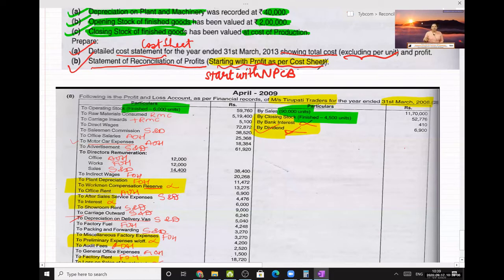Packing and forwarding is secondary packing for the finished goods. Okay. Miscellaneous factory expenses, factory overheads. Preliminary expenses written off, financial expense, not to be taken in cost sheet, put a cross. Audit fees, admin overheads. General office expenses, admin overheads. Factory rent, factory overheads.